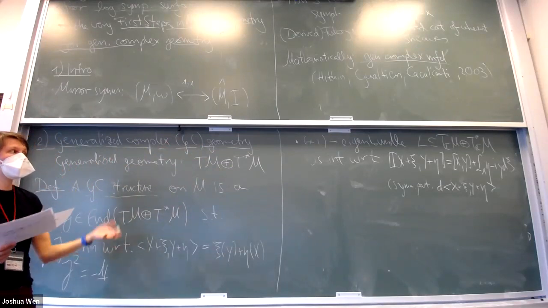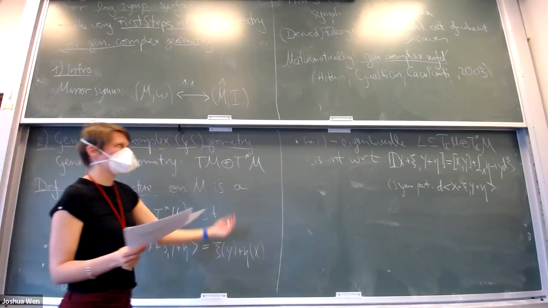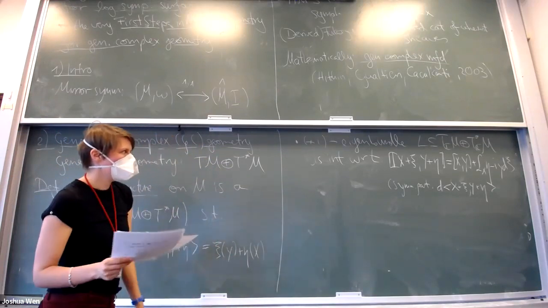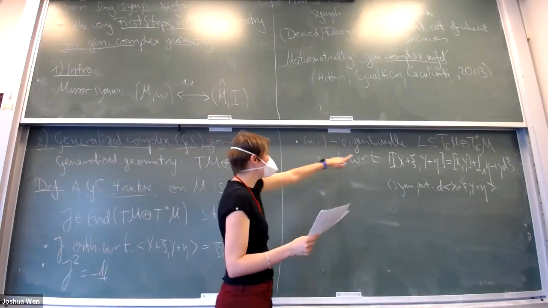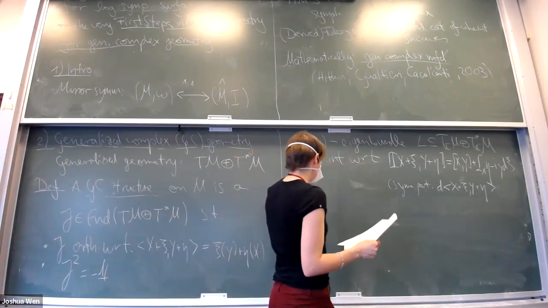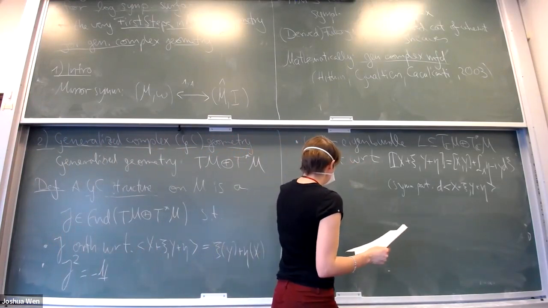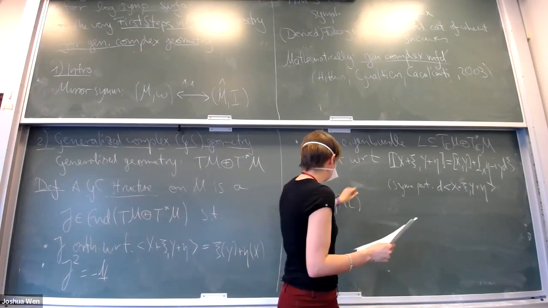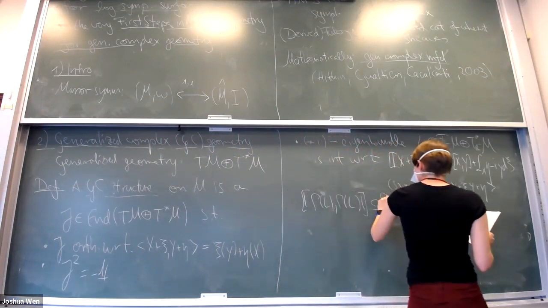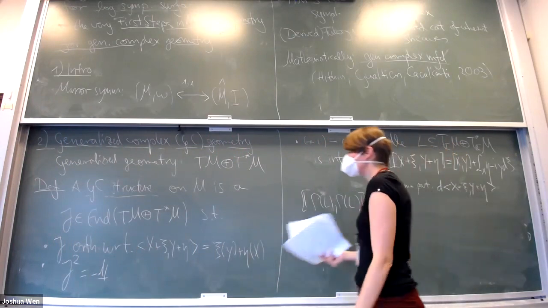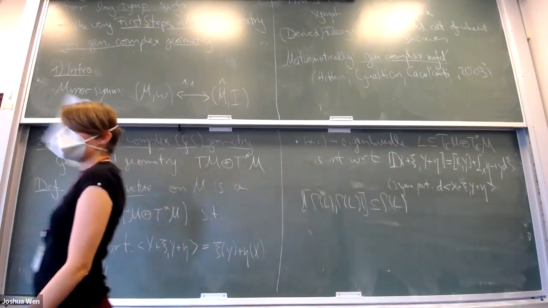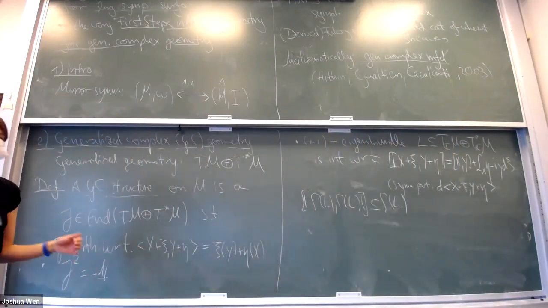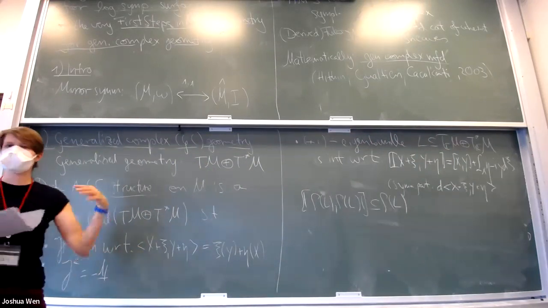So it's not a Lie bracket, but it is close enough that you can work with it nicely. So what do I mean by integral with respect to this? I mean that the sections of the plus i eigenbundle should be closed under this.